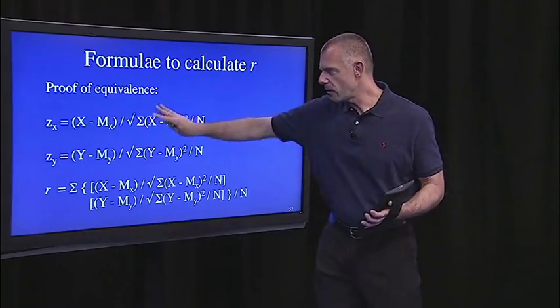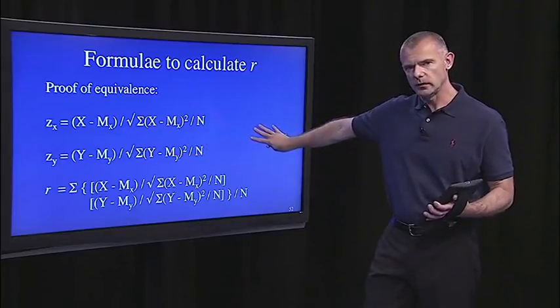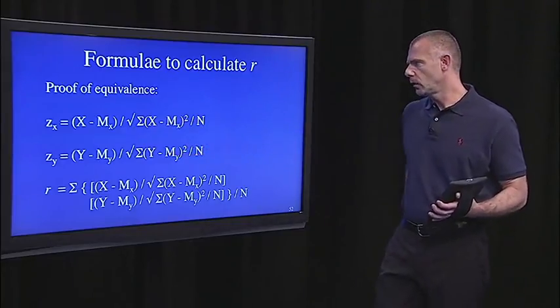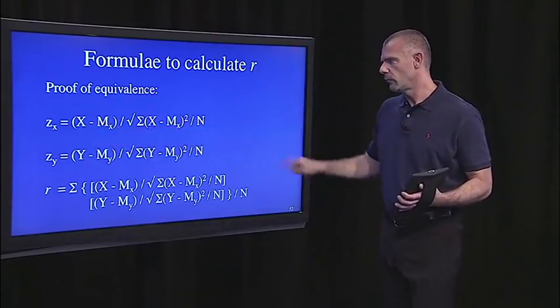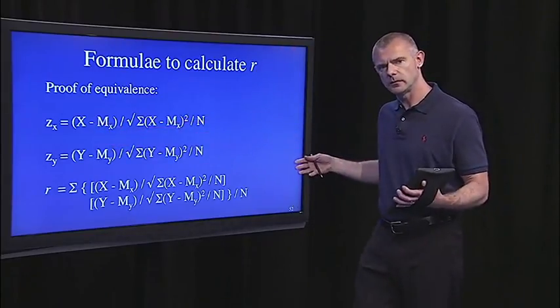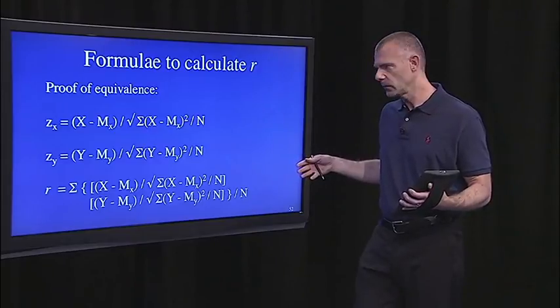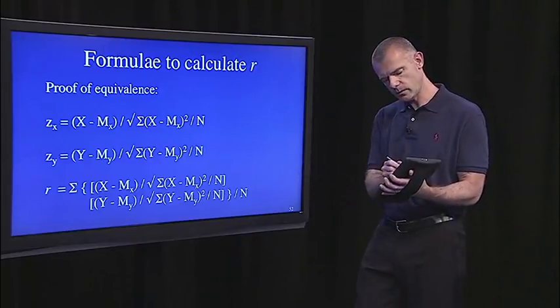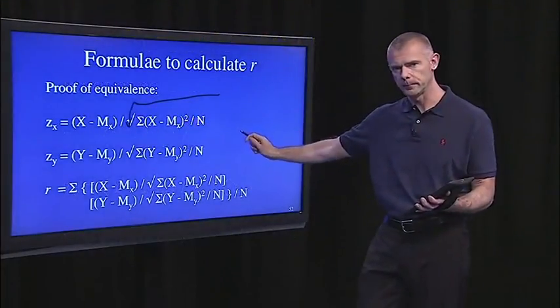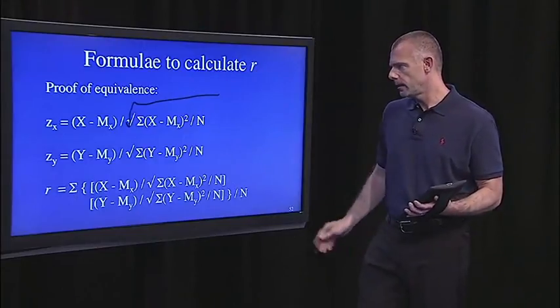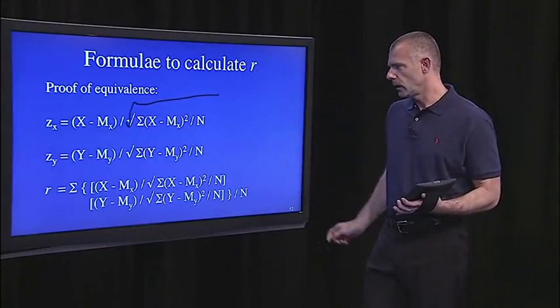So if I write out the z-scores in long form, what I have is still in the numerator x minus the mean, but in the denominator I've written out standard deviation in long form. So it's the square root of variance, which is the sum of the squares over n. That's standard deviation.